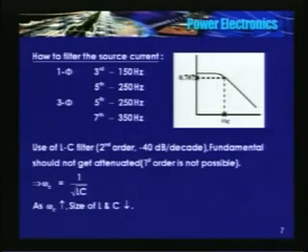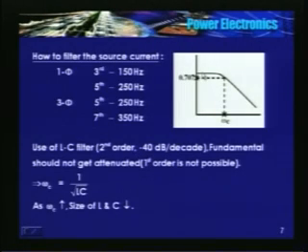Omega c is given by 1 over root LC. So as omega c increases, the size of L and C decreases. In other words, the size of the passive components required to filter the 5th or the 7th or the 3rd is very high. The system will become very bulky, occupying large space, with high cost and what not.